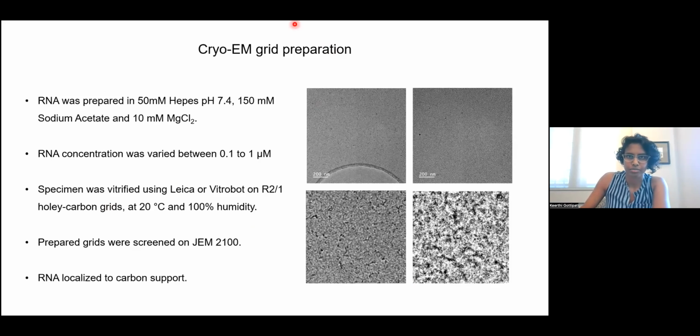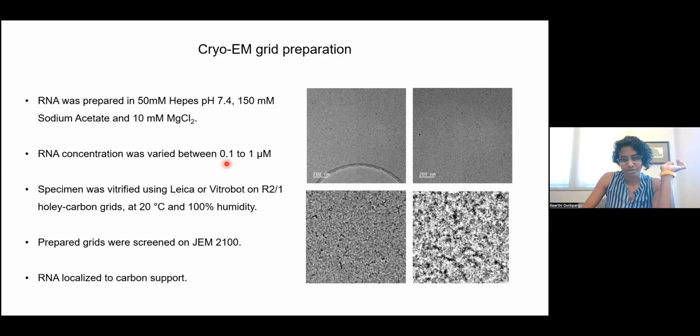did a Cryo-EM grid preparation. So this is where we ran into all the issues. Because this is a methods talk, I'm kind of showing you all the bad pictures as well. So we initially worked with RNA that was suspended in 50 millimolar HEPES.